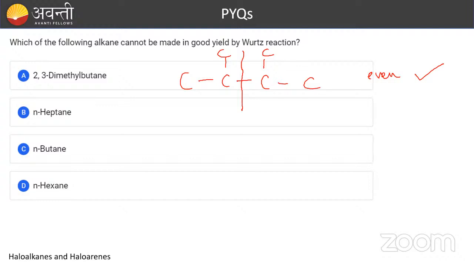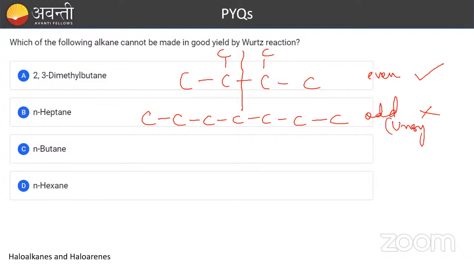But when I go for n-heptane, 7 carbons, right? 7 is an odd number. So it cannot be prepared in good yield. It is unsymmetrical, so it cannot be prepared. Got it?